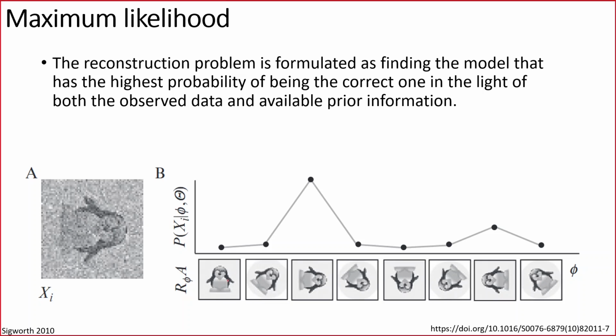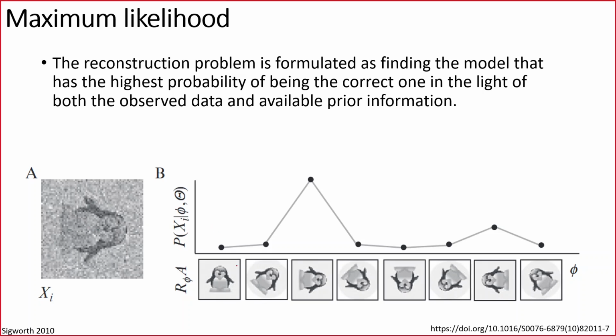Because this is a 2D image and we are going to do just some 2D alignment, we can rotate our penguin by some angular sampling rate and measure the probability. This is the probability that shows us how well this model describes this measured data.